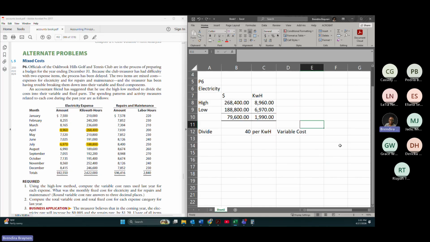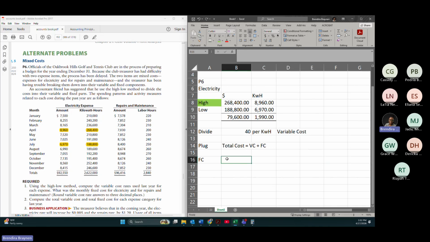Now I need to figure out how to get my fixed costs. To get my fixed costs, I have to use the cost formula and just plug in what I know and work backwards. Select the highest and plug it in. The cost formula is usually that the total cost is equal to my variable cost plus my fixed cost. I don't know my fixed costs, so in order to find them, I'm going to plug in what I know using the high.